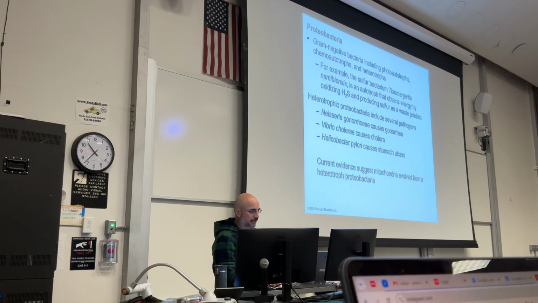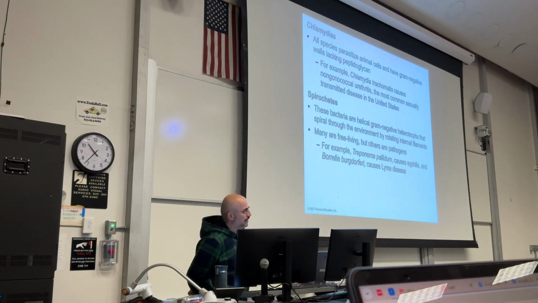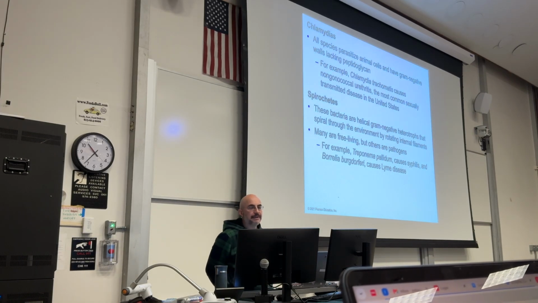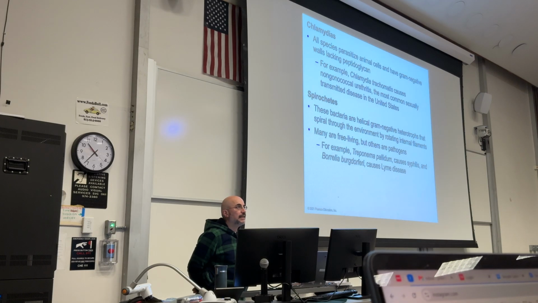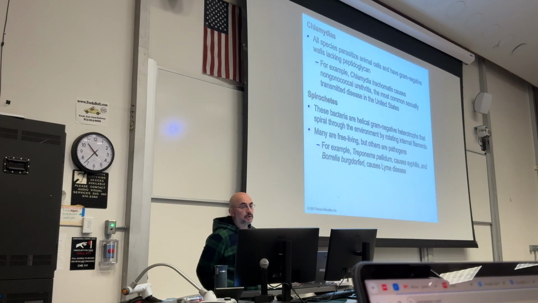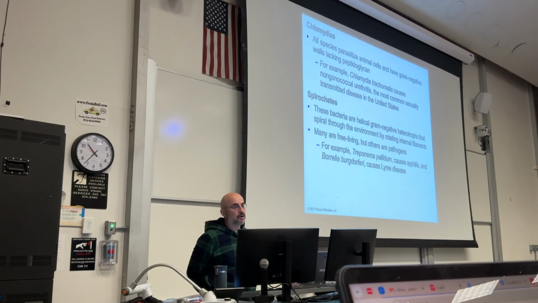No? Okay, let's move into chlamydias. So chlamydias also are gram-negative, and one example is this one, Chlamydia trachomatis, and it is a common venereal disease, and it's very common around the world, and in the United States it's also fairly common.